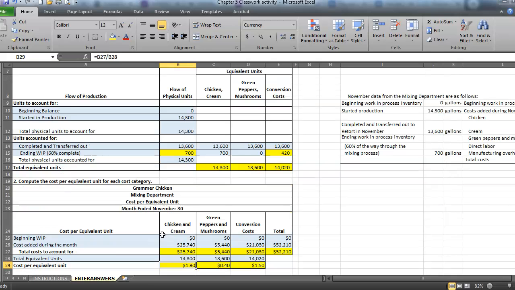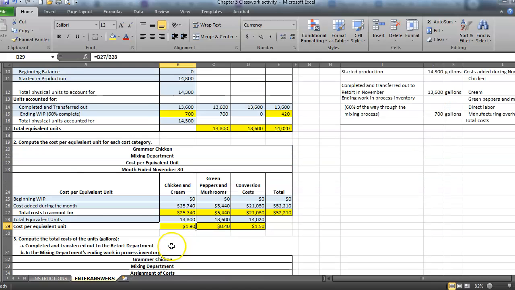Then once you have your equivalent units, you're going to be using dollars at this point because now you're going to take what you've actually spent, the cost associated with it. Again, using our beginning WIP, which in this case we don't have any, adding the costs associated with each one of the processes and adding the two together. That gives you your total cost to account for.